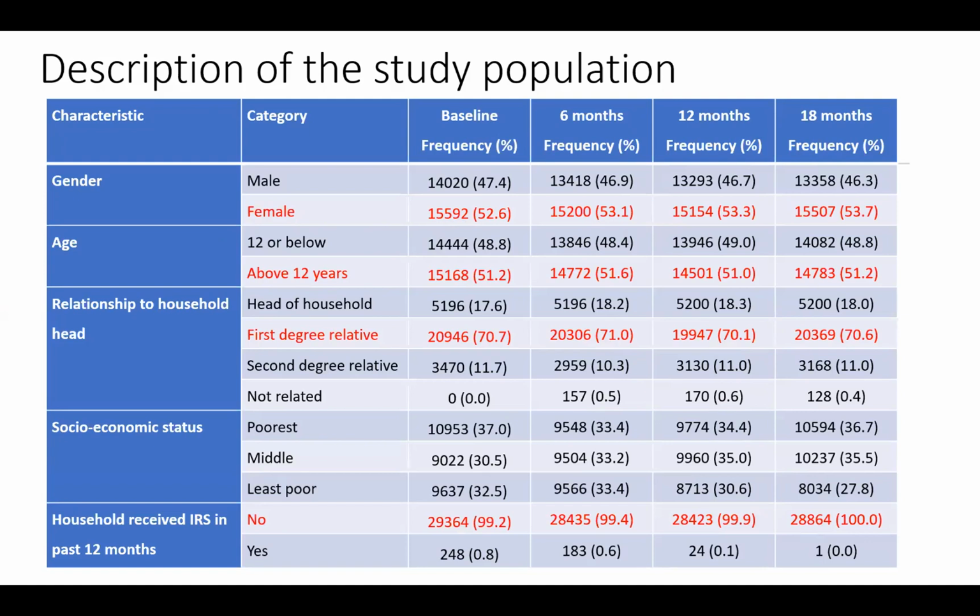Slightly above 50% of the household members were above 12 years of age, and most of the household members were first-degree relatives in each time point.